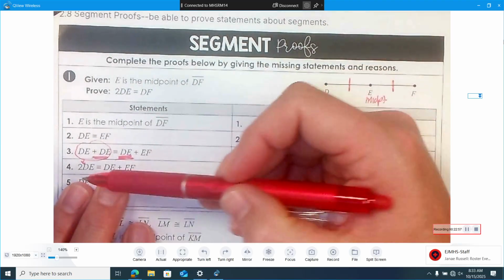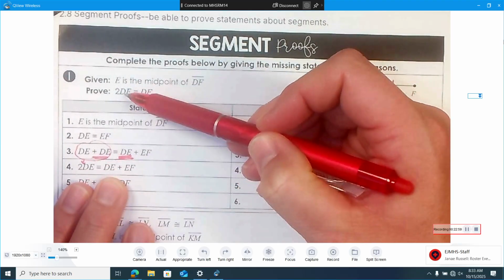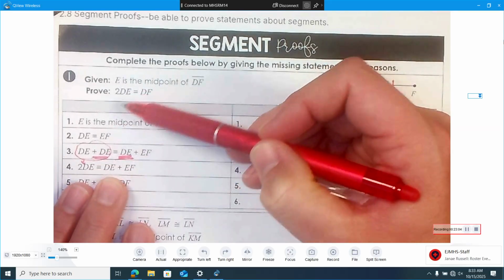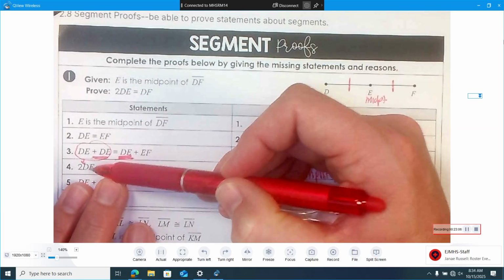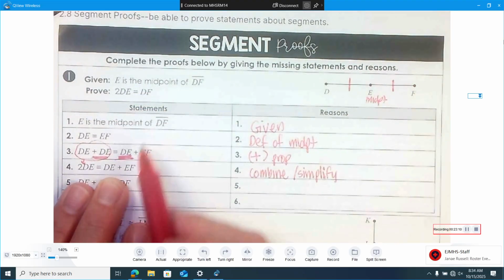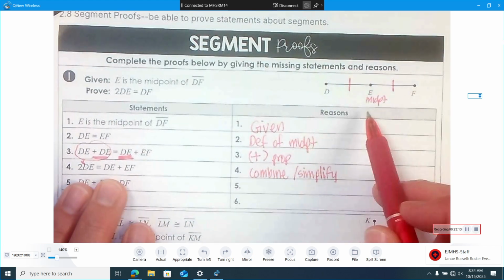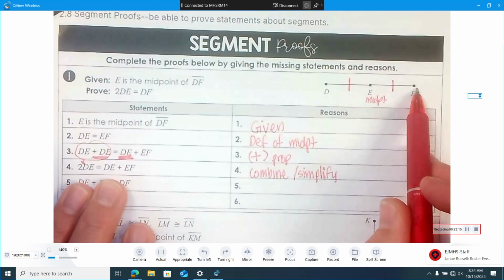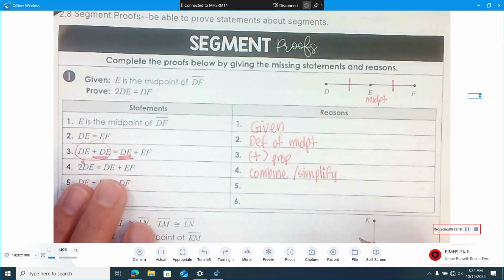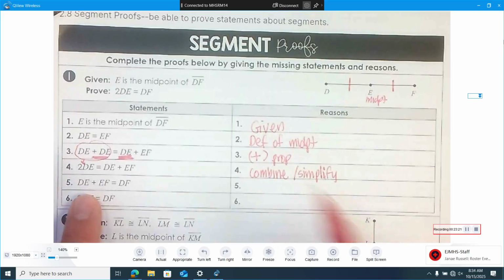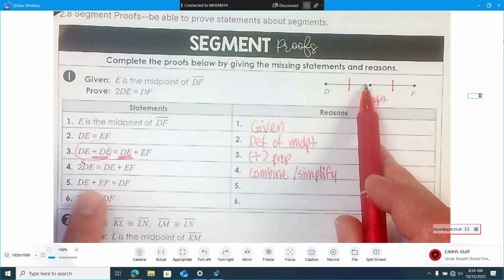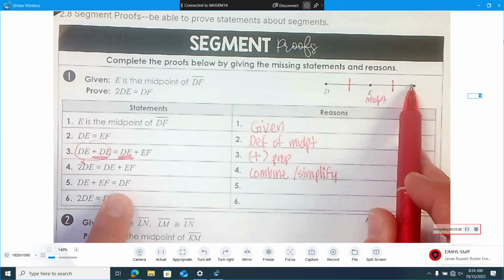So you'll notice at this point, in our proof statement, we have 2DE matching what we're trying to prove. So we've got the left side where we want it. Now we need to figure out how to go from DE plus EF to DF. So let's see what they did next. They said DE, this little segment, plus the other little segment equals DF.